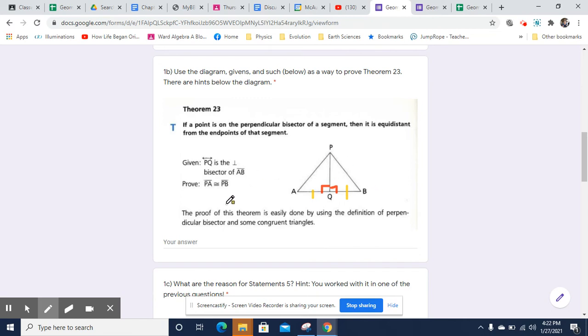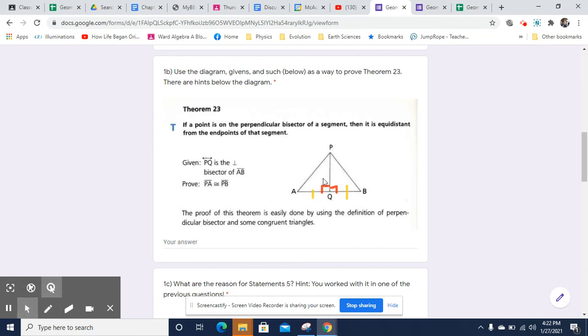Well, this one's actually going to be a whole lot easier than the last one. It's a lot less steps. So if we could prove that these two triangles are congruent, then we can prove that PA and PB are congruent to each other. So let's do that.